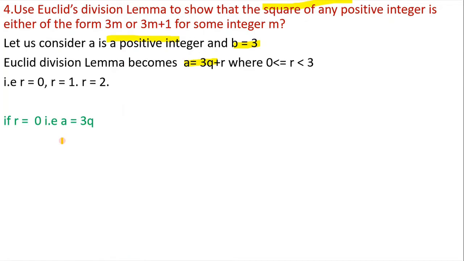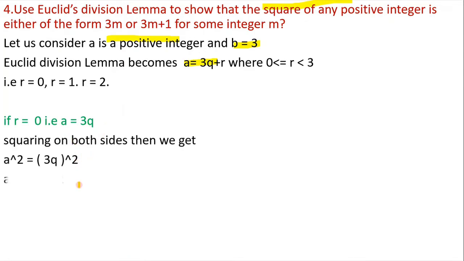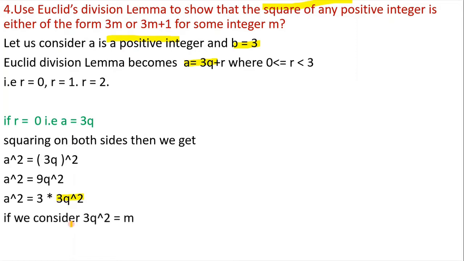We get a squared is equal to 3q whole square, that is, a squared is equal to 9q square. I want to write 9q square in terms of multiples of 3, so that it becomes a square is equal to 3 into 3q square. Now I consider this 3q square is equal to m, then it becomes a square is equal to 3 into m. Okay.